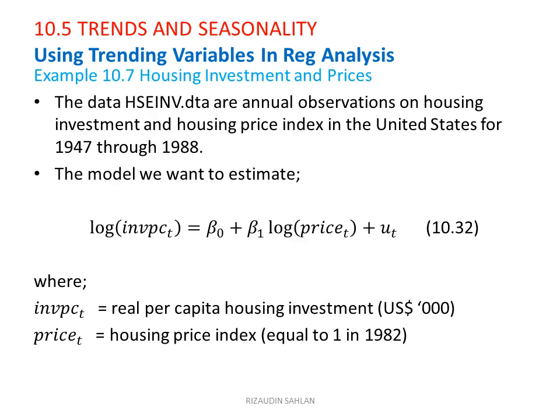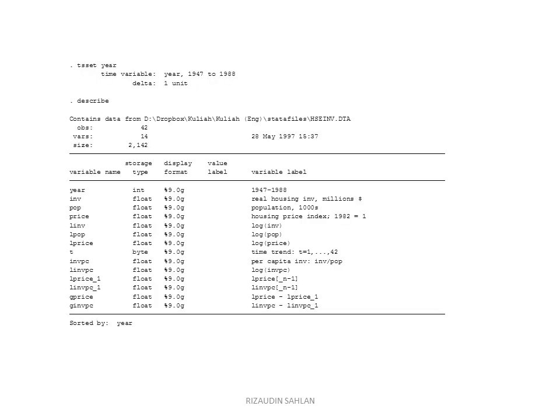For example 10.7, let's say we look at the relationship between the real per capita housing investment and the price as in equation 10.32, and of course based on economic analysis, we expect that beta 1 is a positive sign. And this is some information about the content of the variables in our data.